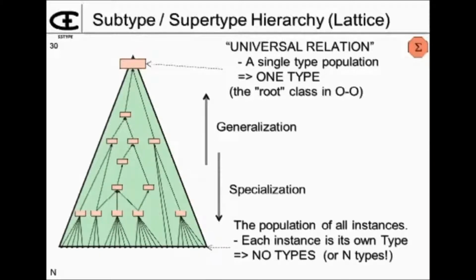When we get to the very top, that includes all things, instances, in one population. Can you see that theoretically that's a possibility? I could put all of my invoices, my employees, my products, my whatever, doesn't matter. I'll put them all into one population.